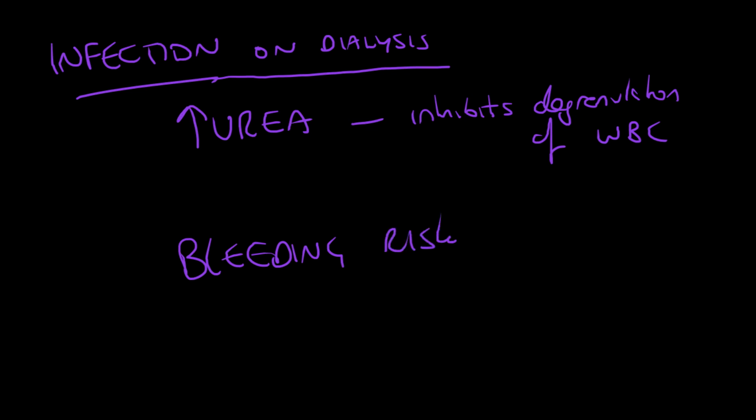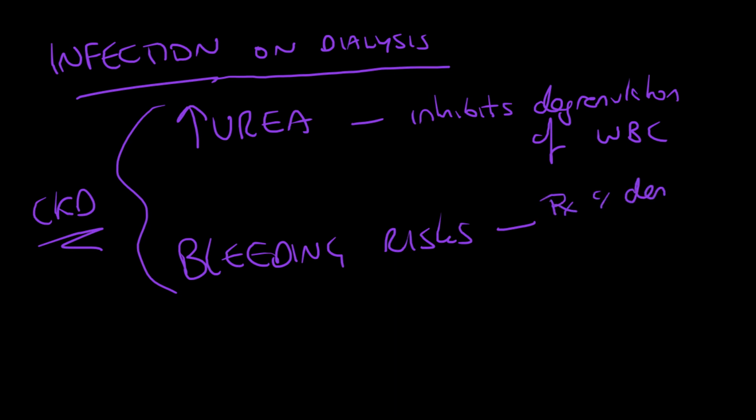So these are things with chronic kidney disease rather than the actual dialysis, but it's usually by virtue of the fact that the person's on dialysis, they have such bad kidney disease that they are at risk of having hyperuremia, which causes the increased risk of infection. And the bleeding risk of CKD you would treat with desmopressin, which is the same principle as von Willebrand factor deficiency treatment.